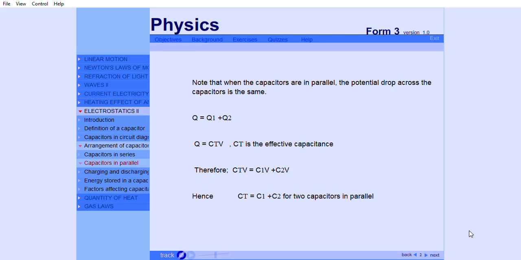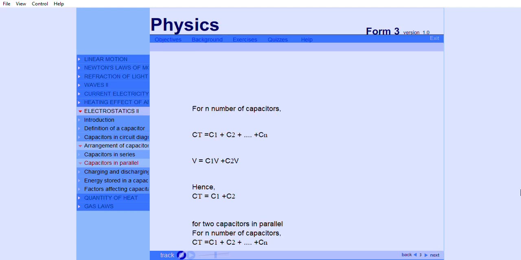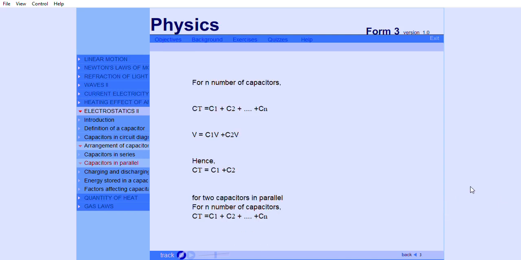Therefore, CTV is equal to C1V plus C2V. Hence, CT is equal to C1 plus C2 for two capacitors in parallel. For n number of capacitors, CT is equal to C1 plus C2 plus Cn.